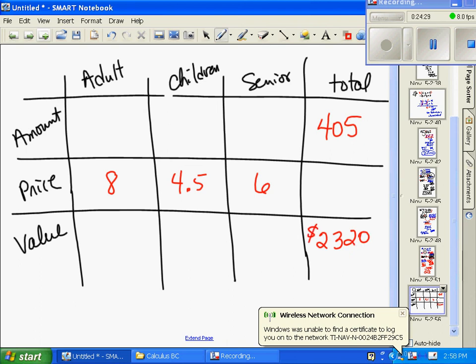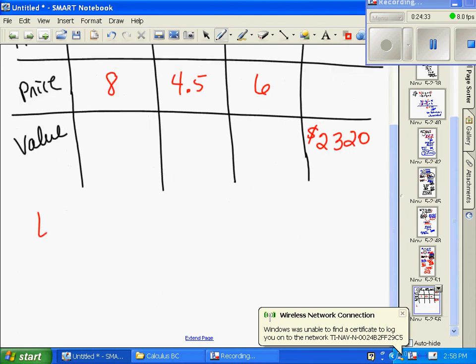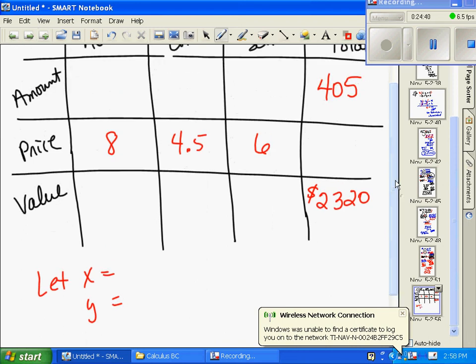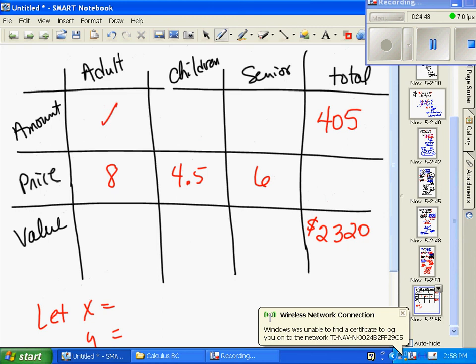Now when you do these problems, you really should somewhere write, let x equal to whatever, let y equal to whatever. So we'll see what we're going to do here. It says that there are twice as many children's tickets sold as adults. So I'm going to let adults be x.